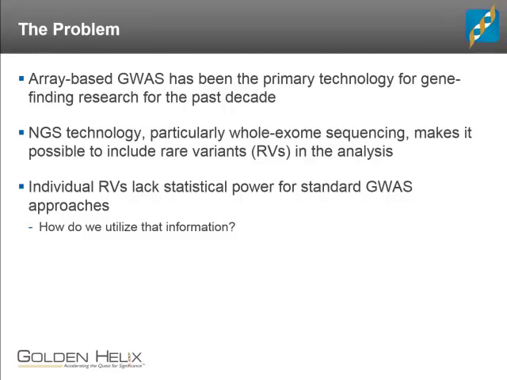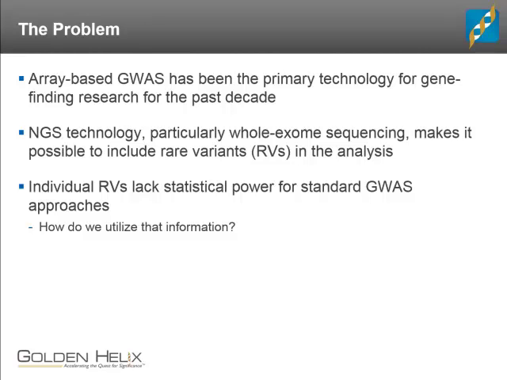So with GWAS, the SNPs on the chips, by definition, tend to be common features. And with the sequencing, we can start to explore the space a little bit more and see what else is out there and try to incorporate it into our knowledge of whatever disease or conditions we're studying.